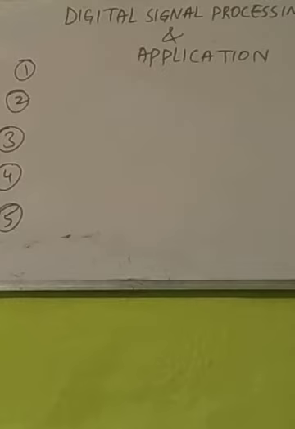Third, its functionality using different windowing techniques. Fourth, its approximation method. And fifth, digital signal processing architecture. So these are the 5 different units you will be having in digital signal processing.